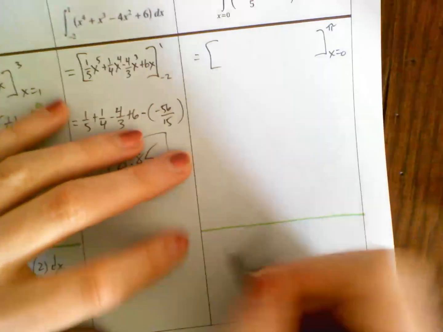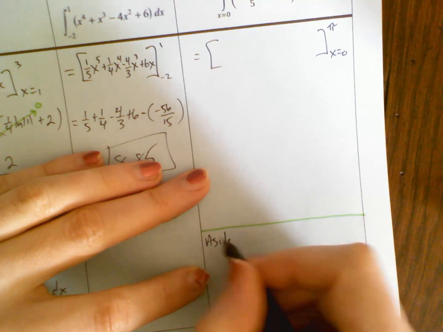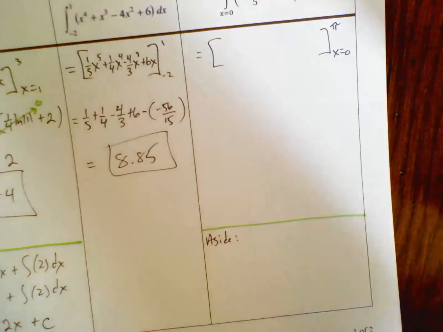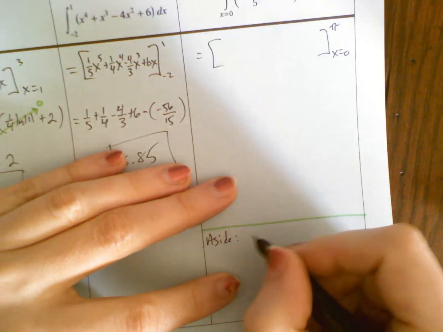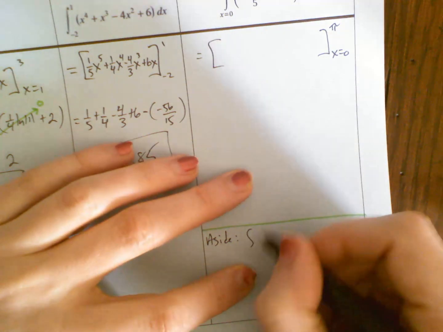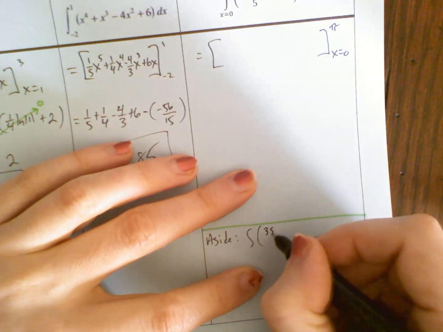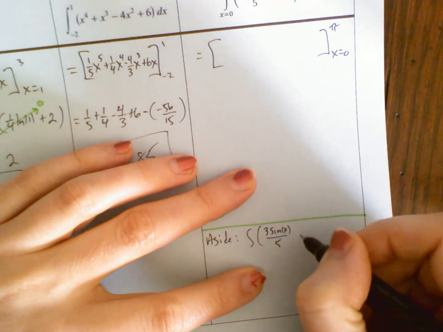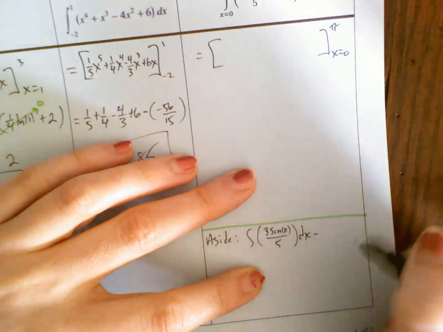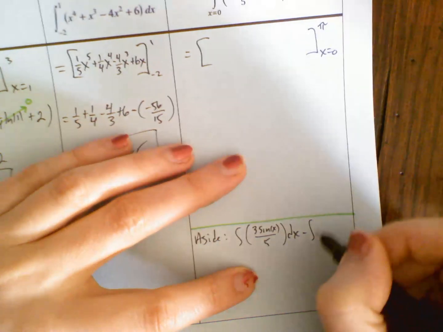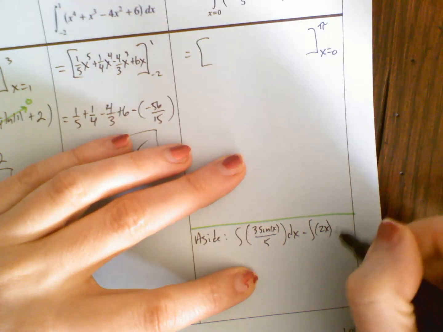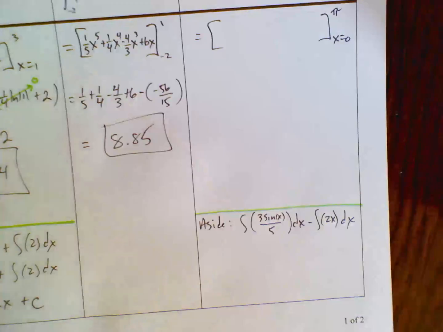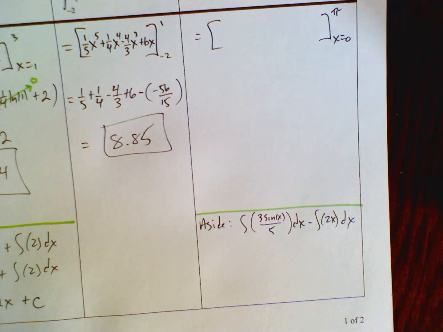This is a little aside, and I'm doing the antiderivative of sine of x over 5 minus, and part of the reason, guys, I'm doing this so carefully is because your notation really needs to be as perfect as can be on this test that you're going to take, because it's all for your response.